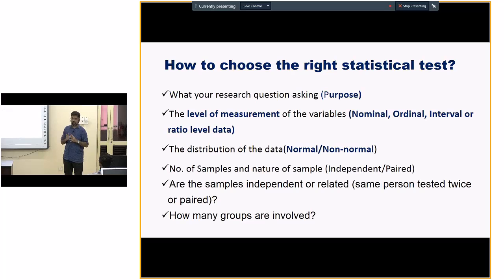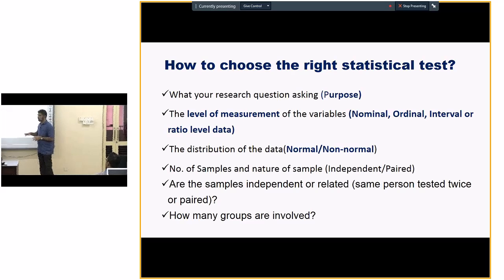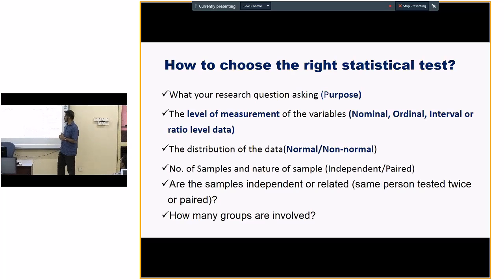What is the reason behind that? Some data are not distributed normally. Some data are not following the parametric assumptions. There are a number of parametric assumptions, right? They are not following normal distribution. Sometimes they are heteroscedastic, or there is multicollinearity.